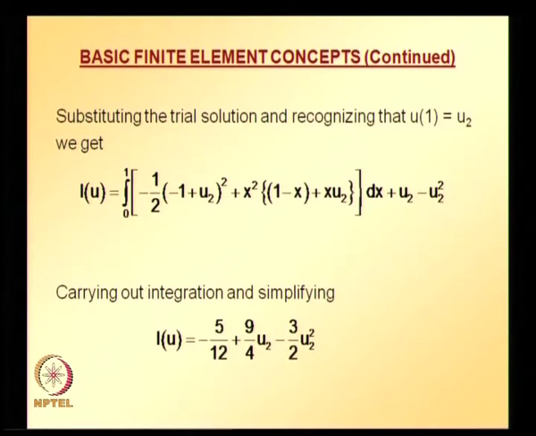Carrying out integration and simplifying results in this equation. And now we need to invoke the condition that the variation of I should be equal to 0, which is possible only when the derivative of I with respect to u2 is equal to 0, and that is called the stationarity condition.